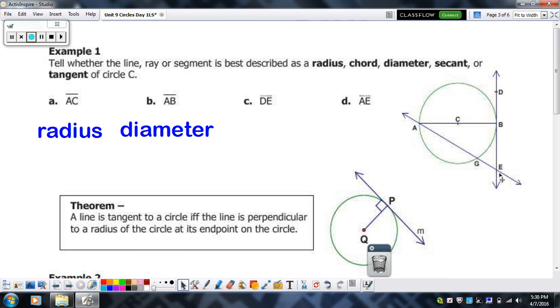Ray DE intersects our circle at 1 point on the outside. That makes it our tangent. Our line AE intersects the circle at 2 separate points and is a line, therefore it is our secant.